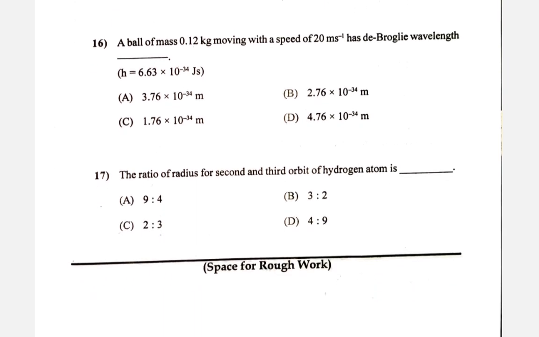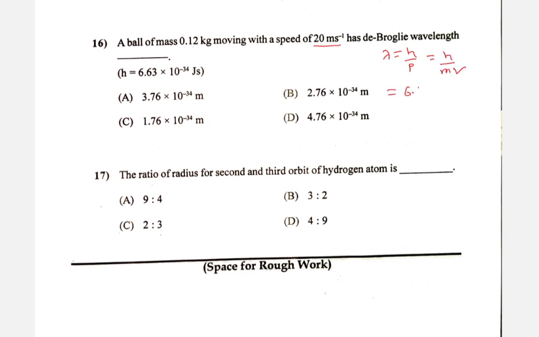The next question is, a ball of mass 0.12 kg moving with a speed of 20 meter per second has de Broglie wavelength, and for de Broglie wavelength lambda is equal to h by p, which is equal to h upon mv.